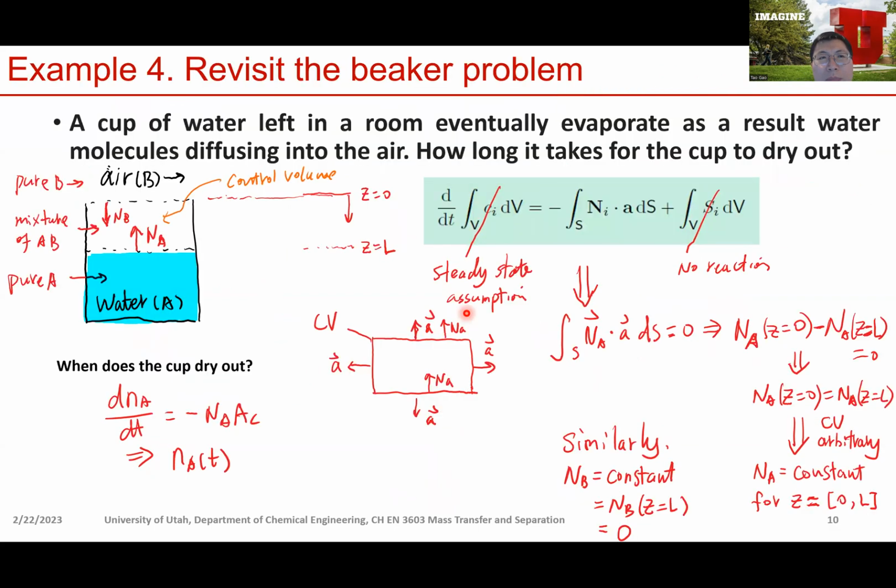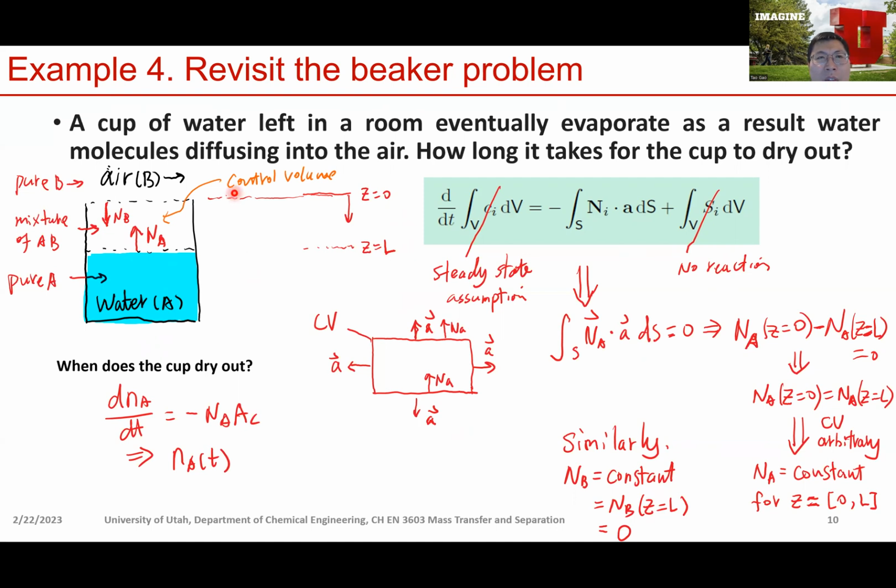Now problem 4, we're going to revisit the beaker problem. In class we talked about it, but very briefly, and some students are having a hard time understanding some of the equations. So we're going to revisit this problem with a background, step by step.